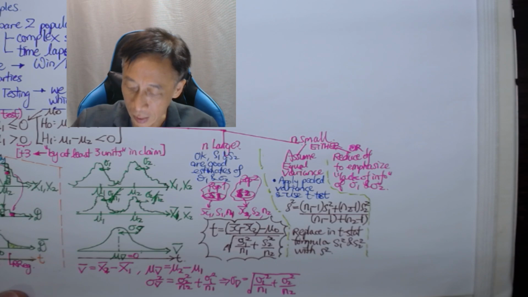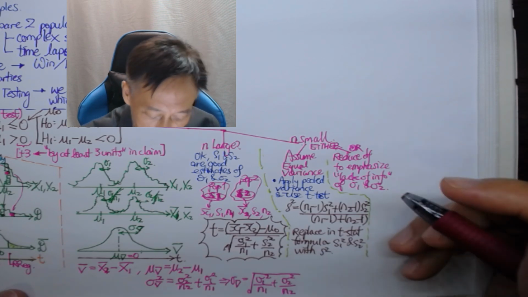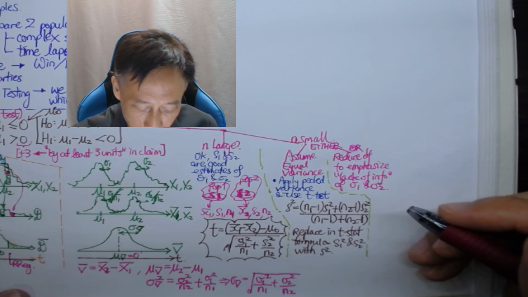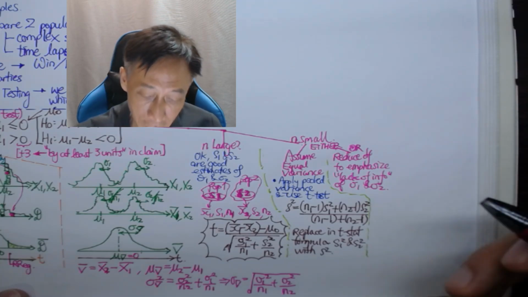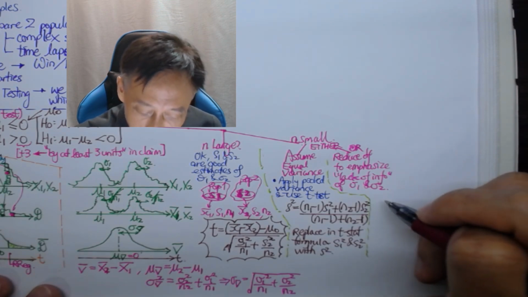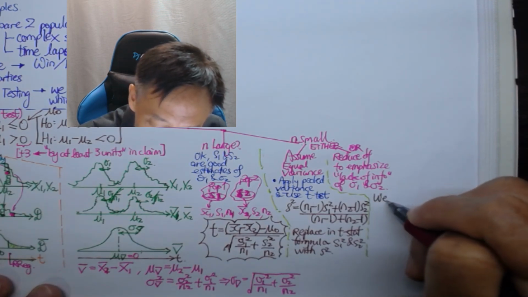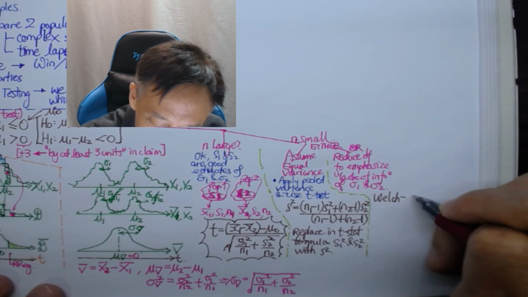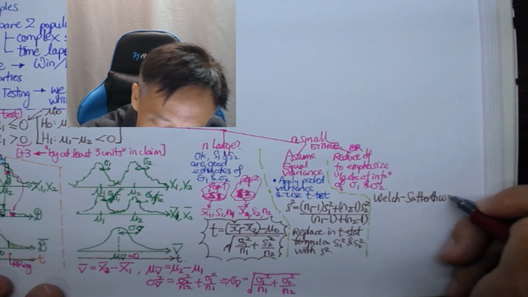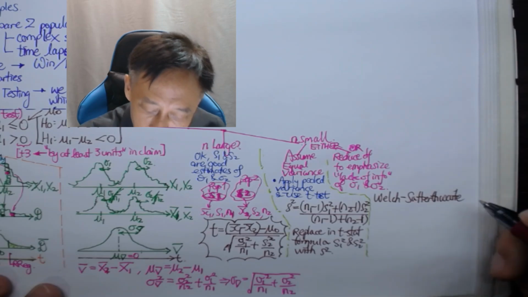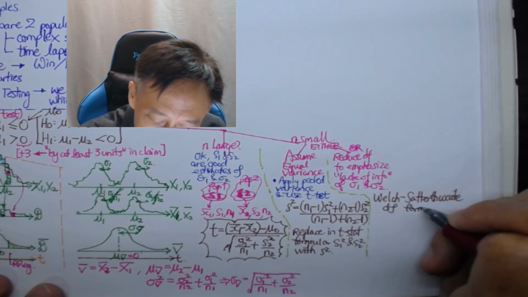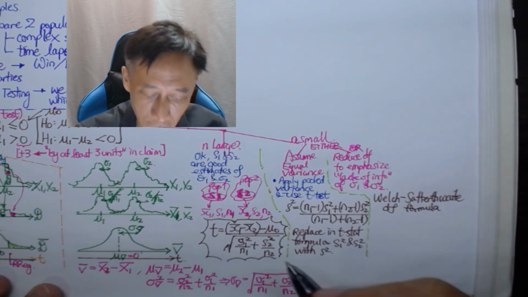So the idea is thought of by these two statisticians called Welch and Satterthwaite. So we're going to use the Welch-Satterthwaite formula. So the Welch and Satterthwaite deserve their names to be written here. So their strategy is to keep the formula for t statistic.